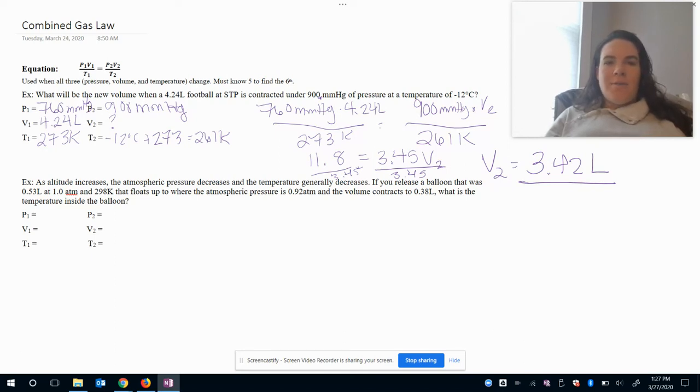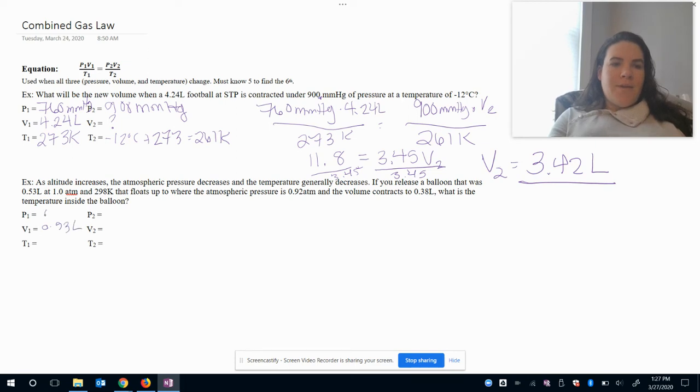I have a second one where we're going to solve for temperature, so we can solve for the denominator. Let's do that one. Okay, so we have a balloon that was 0.53 liters at 1 atmosphere and 298 Kelvin. So these are all at the same time. The 0.53 is our volume.